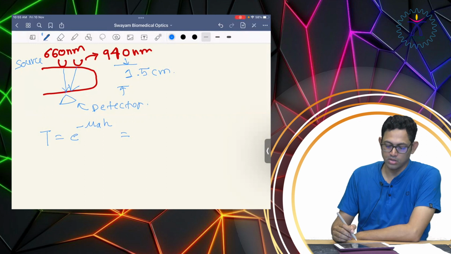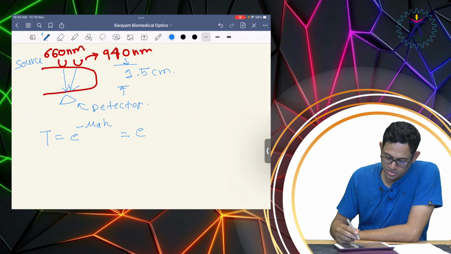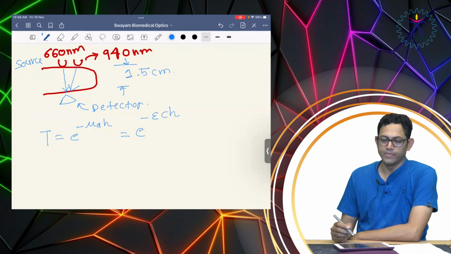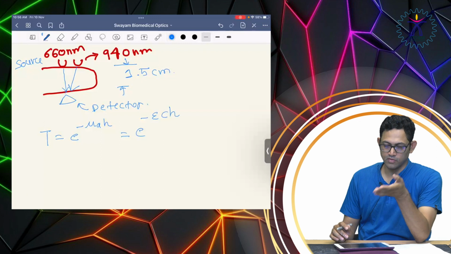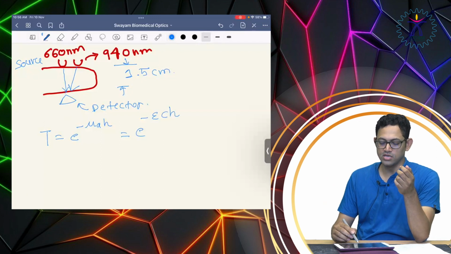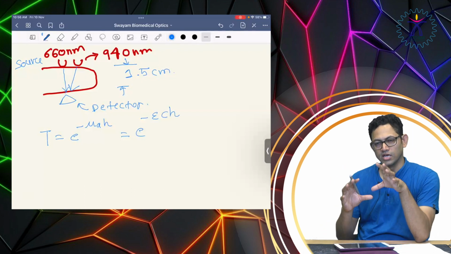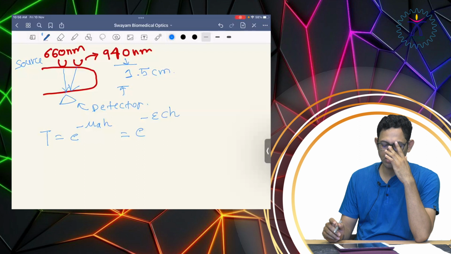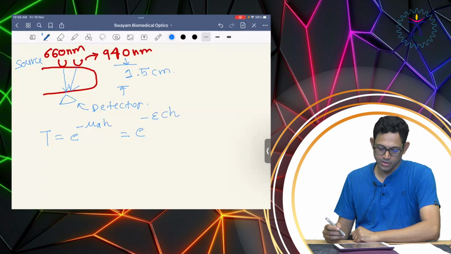There is one more equation that we derived, based on the concentration, which is exponential of minus epsilon C h. Here epsilon is the molar extinction coefficient, the one that was given in the graph, C is the concentration of the species, and h is again the thickness of your sample or medium where the light is propagating.